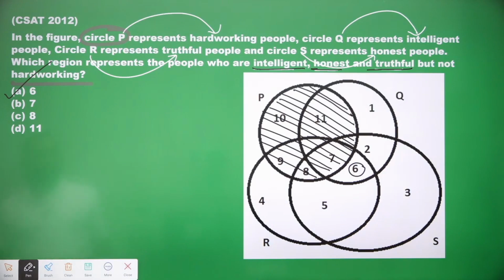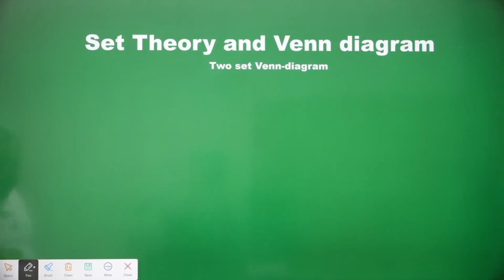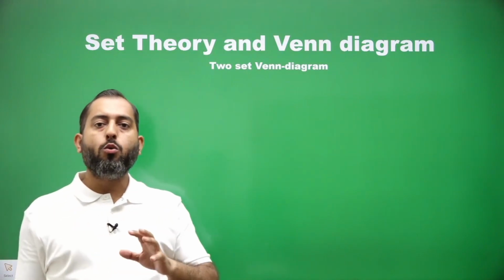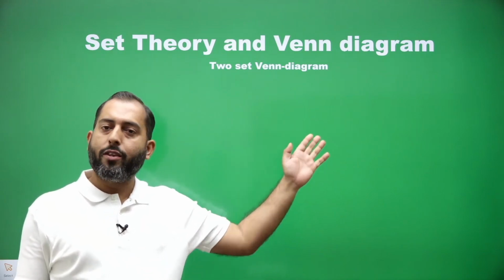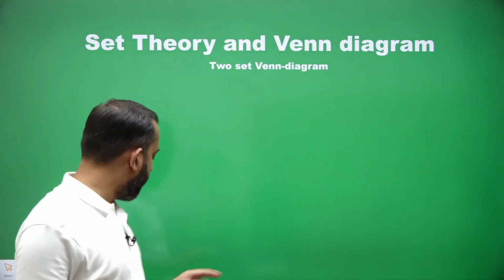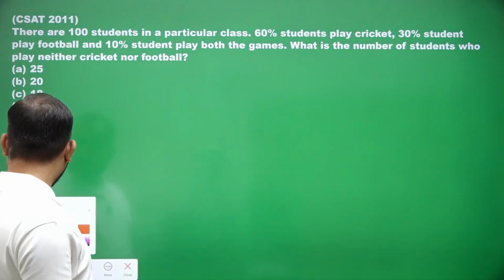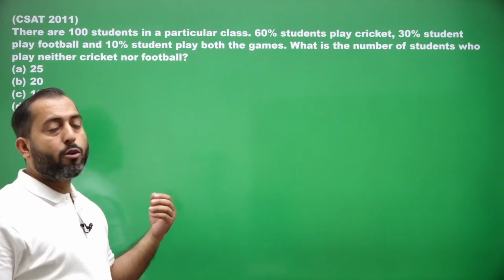Okay, let's move on. Next theme is the two-set Venn diagram. Again, we're going to learn this with the help of examples. So this example says there are 100 students in a particular class.